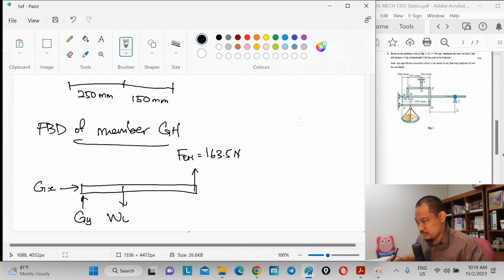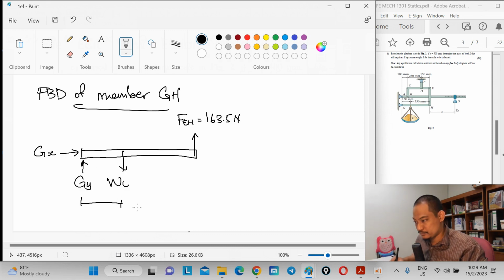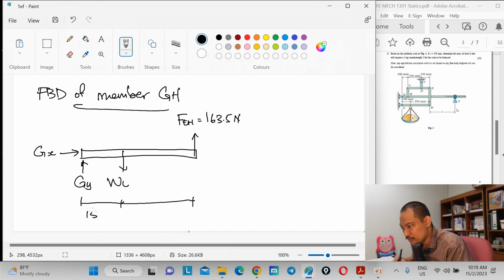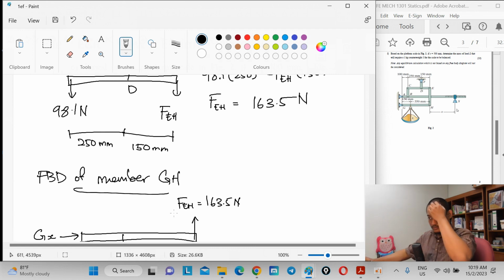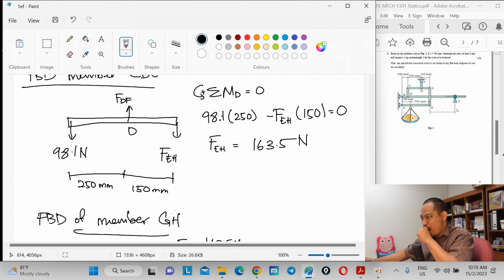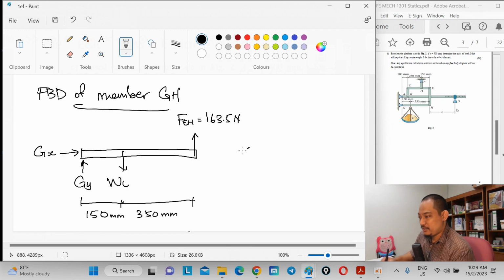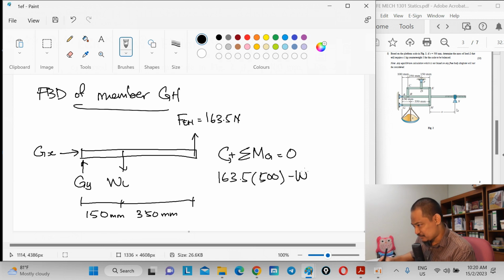And then the distance is 150. Okay. 150. 350. Summation of moment about point G equal to 0. Counterclockwise is positive. 163.5 times 500 minus WL times 150 equal to 0.